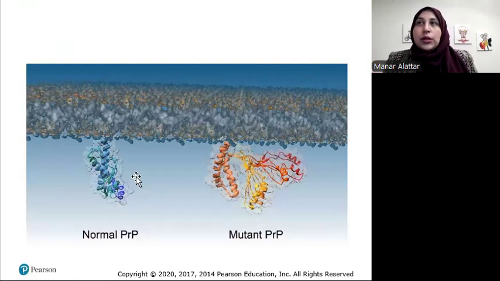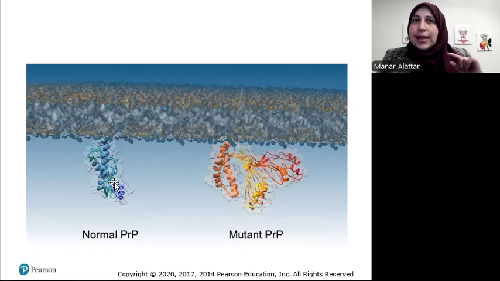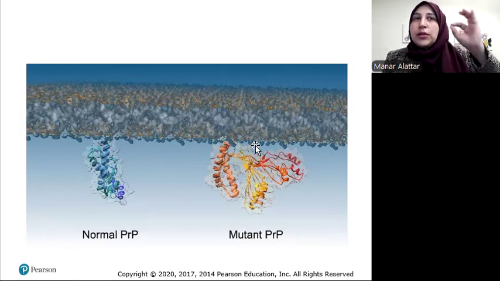Now, there could be an environmental factor like a prion that's ingested, or a genetic factor, so a mutation in the gene for this protein, or another environmental factor that leads to the misfolding of this protein. Now, when I say misfolding, what I actually mean is that there's another stable folded structure for the same polypeptide.